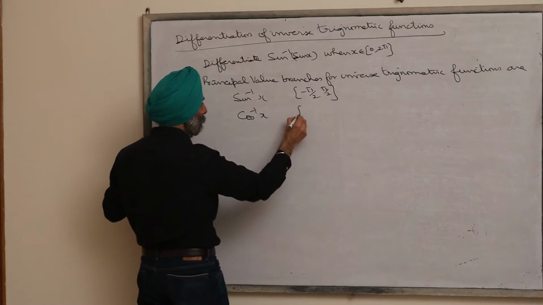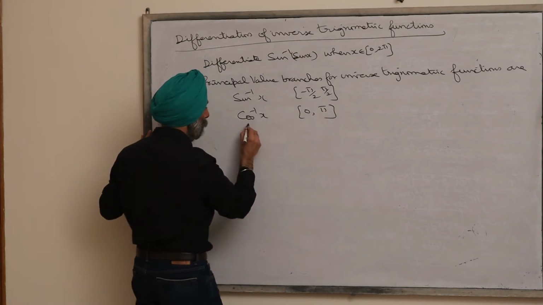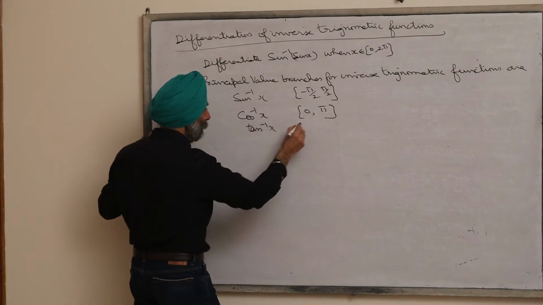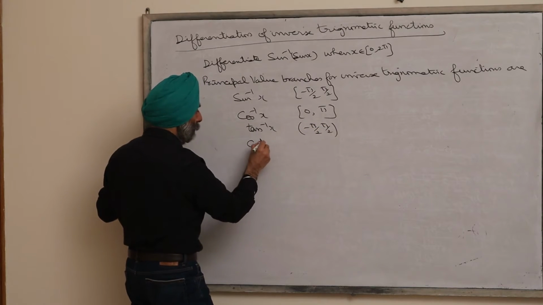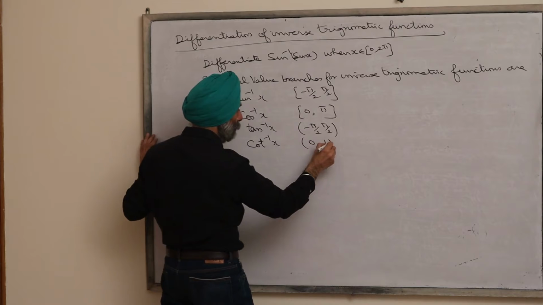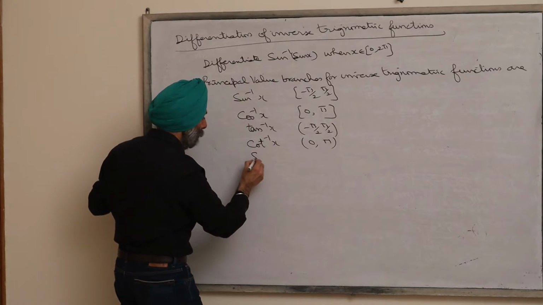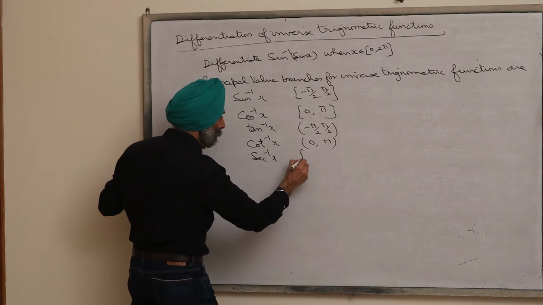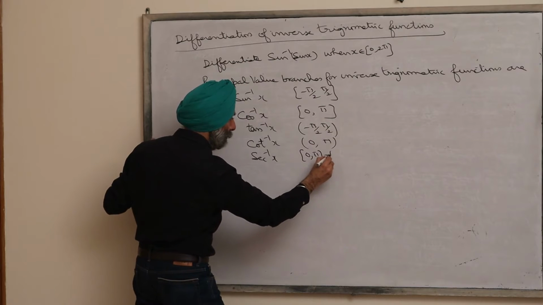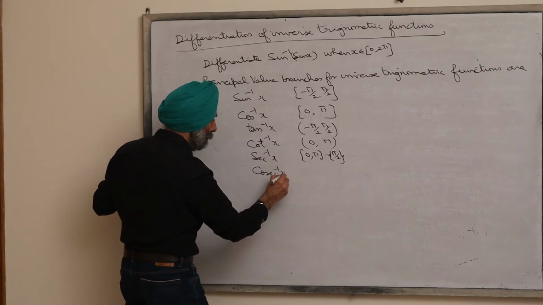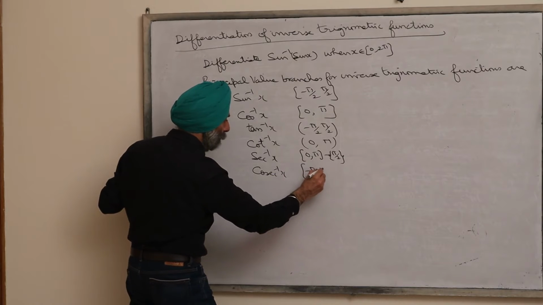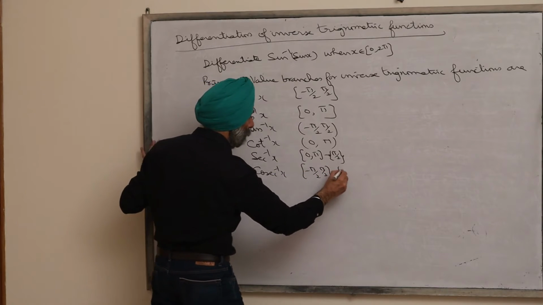Cos inverse of x, it is 0 to pi. Tan inverse of x, open interval minus pi by 2 to pi by 2. Cot inverse of x, that is 0 to pi. Secant inverse of x, 0 to pi except pi by 2. Cosecant inverse of x, it is minus pi by 2 to pi by 2 except 0.